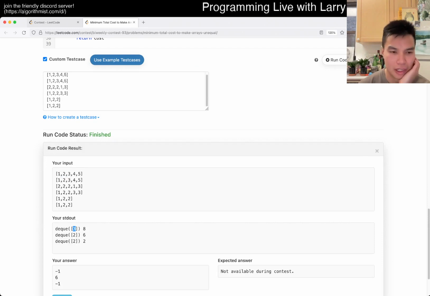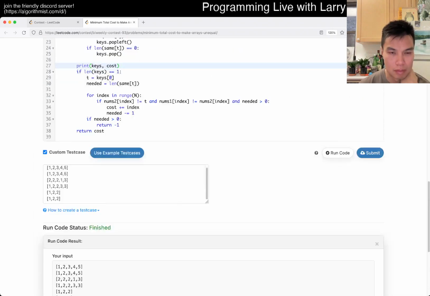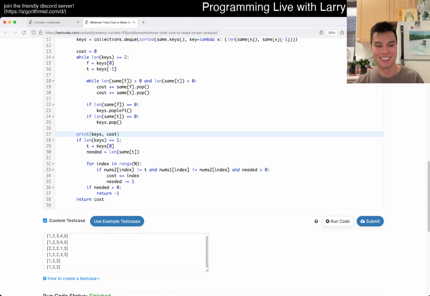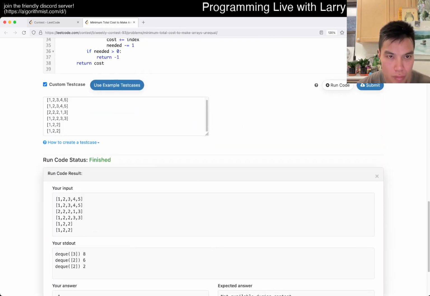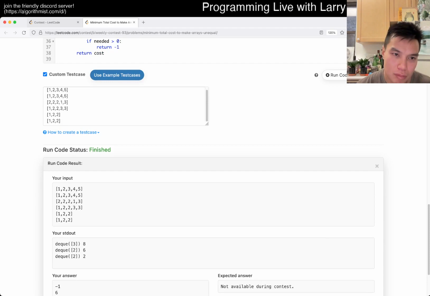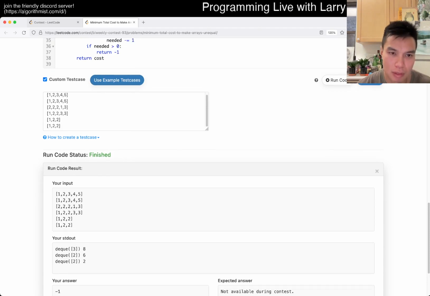Oh, because the way that I did it, I swapped the 1 and the 5 and the 2 and the 4. Because I swapped it.